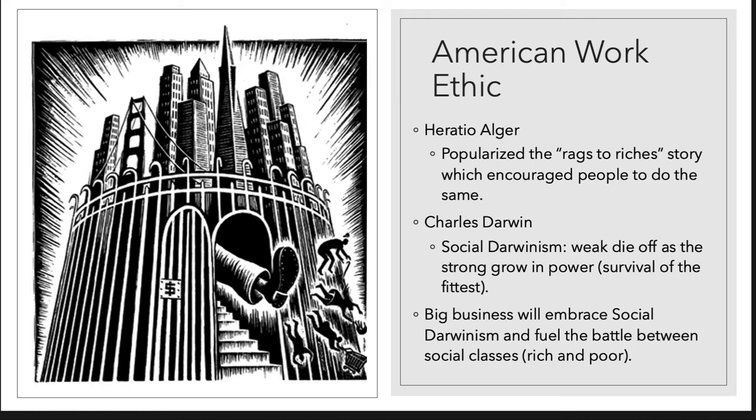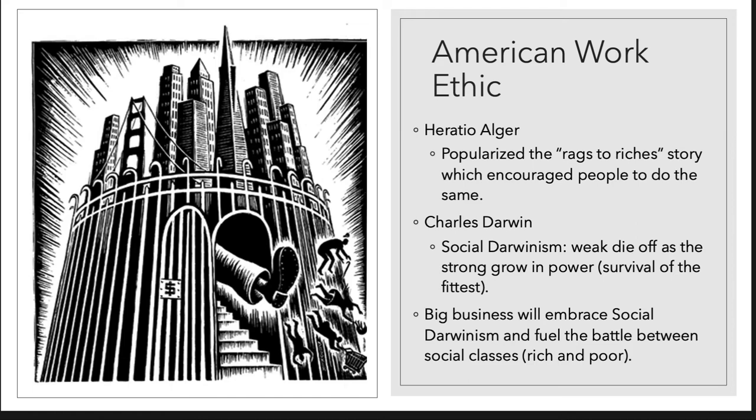The other push in work ethic comes from Charles Darwin. Now, you guys may have heard of this guy in biology with his finches and the phrase survival of the fittest. Now, how does that apply to big business? Well, in this time, it was referred to as social Darwinism, taking that idea of survival of the fittest and applying it to people, saying that the weak in society will just die off and the strong will grow stronger in power, in wealth.